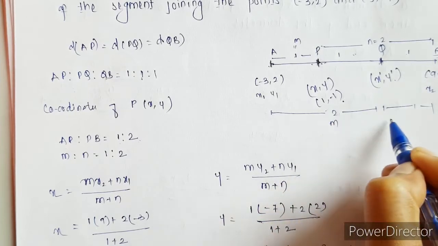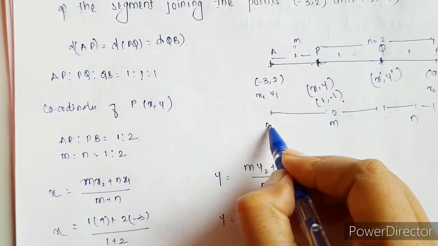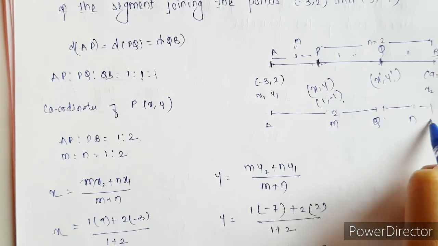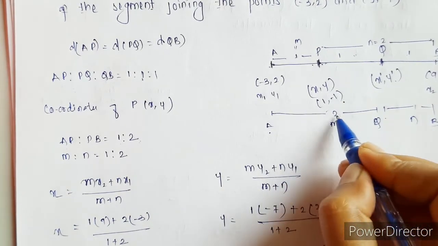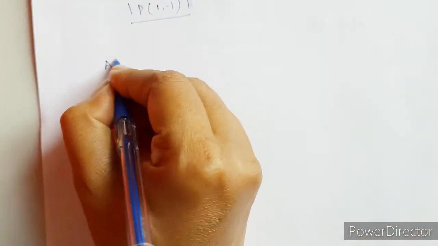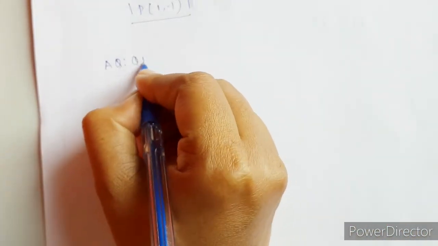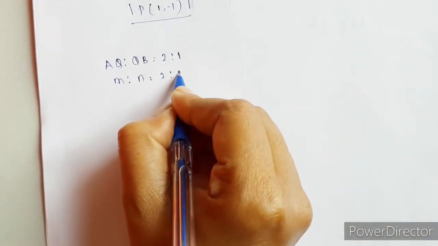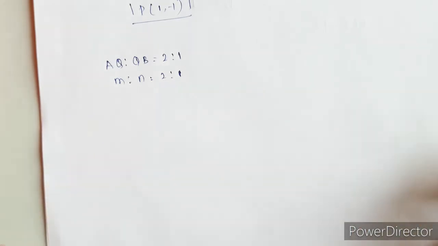So this will be M, this is N. AQ is 2, QB is 1. The ratio of AQ to QB is 2:1. So in this case M to N is 2:1. So M is 2, N is 1.